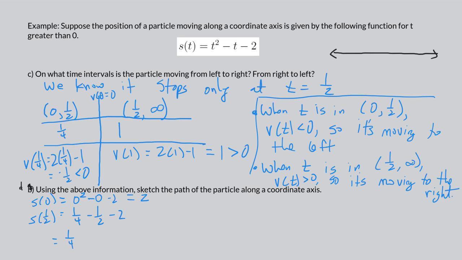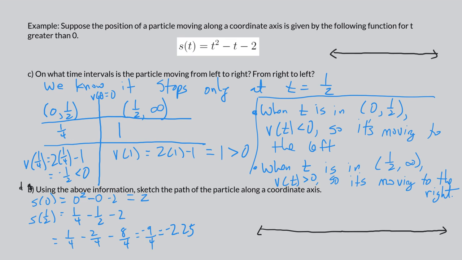That's going to be 1/4 minus 1/2 minus 2. So a little bit of arithmetic here tells us that is going to be at the point -9/4. And to simplify the sketch, we'll go ahead and write that as a decimal, -2.25. So let me draw something to be my coordinate axis over here.